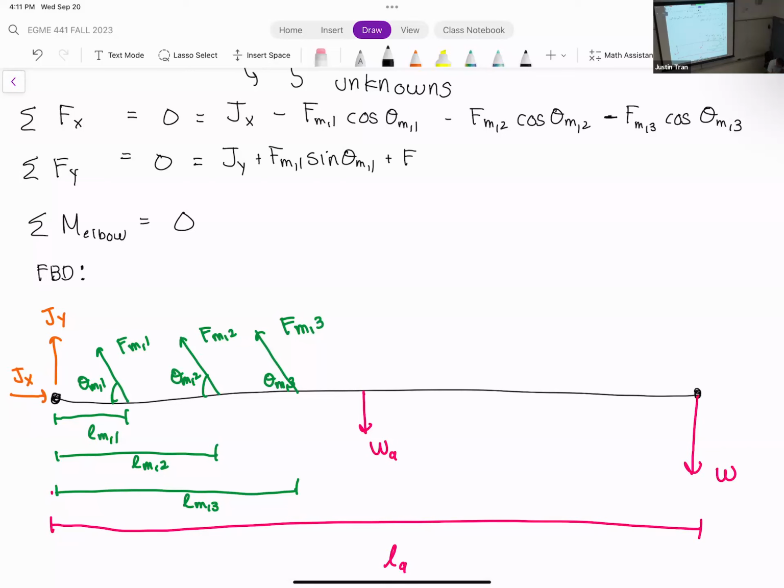We're going to do that for all of the angles. Okay. FM2 sine of theta M2 plus FM3 sine of theta M3. And once again, I wrote all these terms with a positive sign in front of them, because of the way that these vectors are drawn, the FM vector right here, you can see that its vertical component is pointing upwards. That's why we put a positive sign.